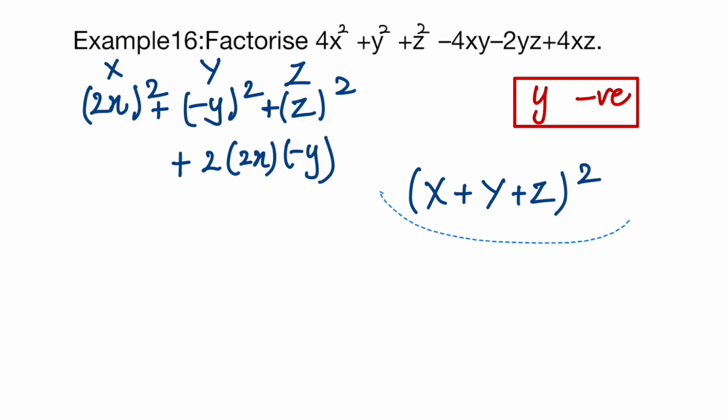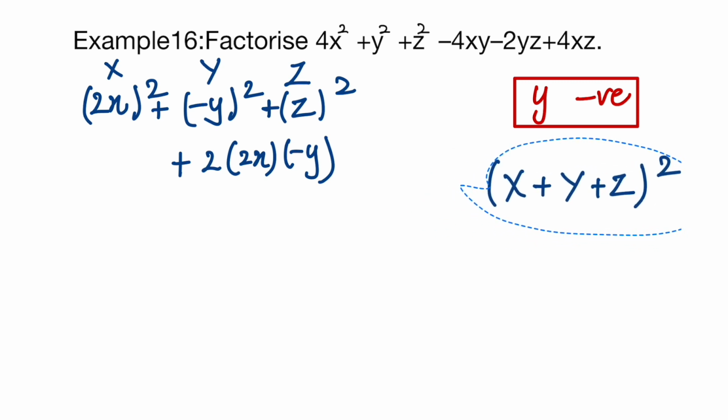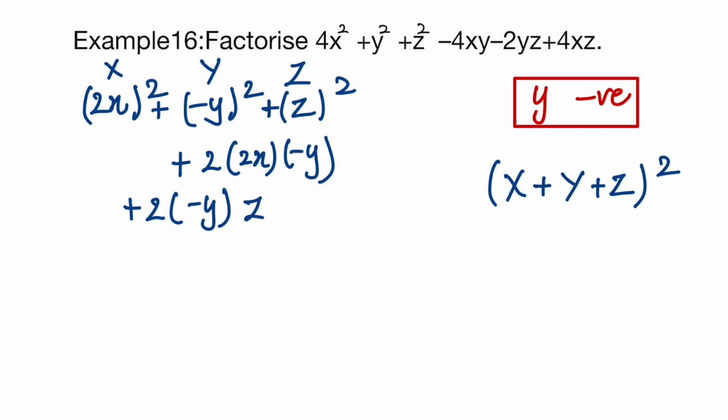You can just assume it to be like that, because there are too many x's and y's and z's, right? Okay, so this term is 2 into 2x into minus y. The next term is minus 2yz, right? So that again is plus 2 into y is minus y in this case, and z is just z. Okay, and the last term is 2 into 2x into z.